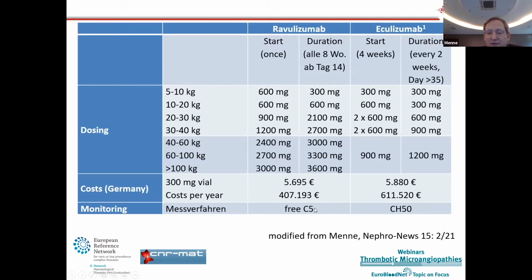Therefore, you would have to measure free C5. And to measure free C5 is difficult because there's more or less no standard laboratory that will offer this test. So this is a disadvantage that you really cannot monitor if your complement system is sufficiently suppressed. This is only possible with eculizumab.